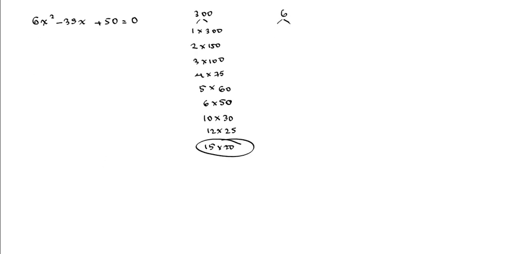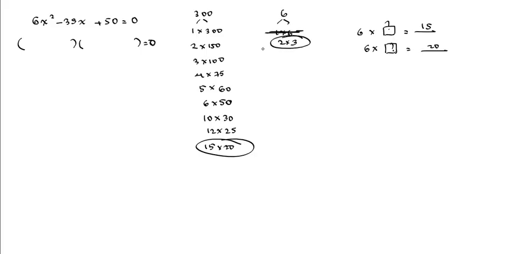So if you consider 6, 6 is going to be 1 into 6, 2 into 3. So I'll put two brackets here. Now 6 multiplied by any real number, will it give me 15? No. 6 multiplied by any real number, will it give me 20? No. Which means this is not an option. This will be the option. 2 multiplied by any number, will it give me 15?